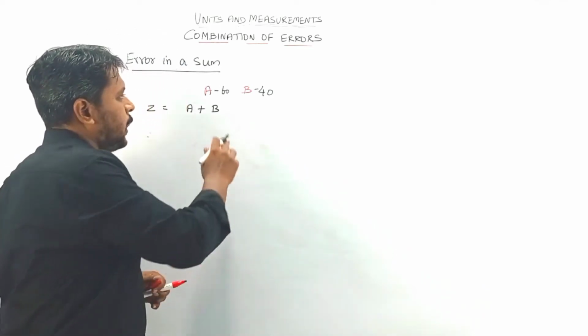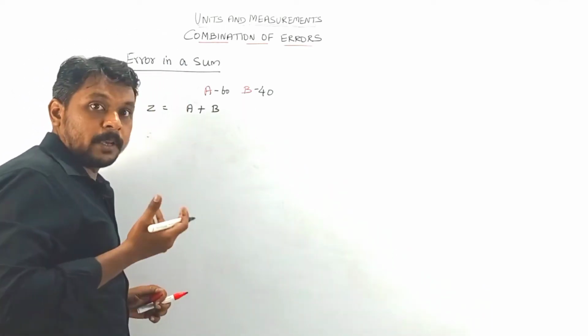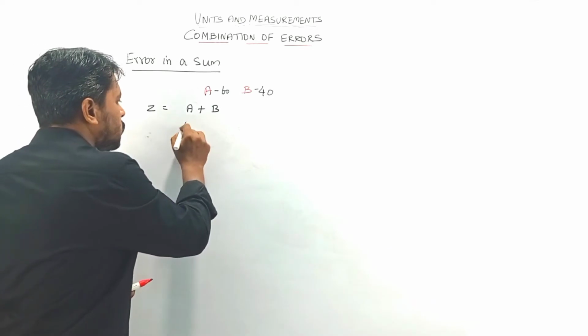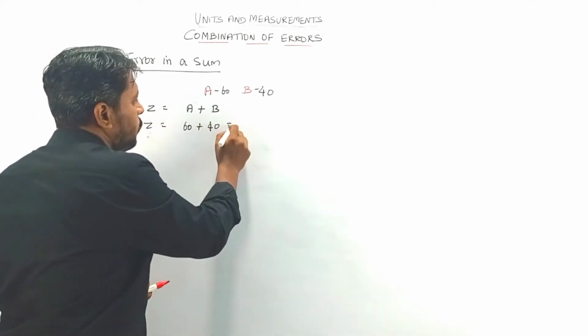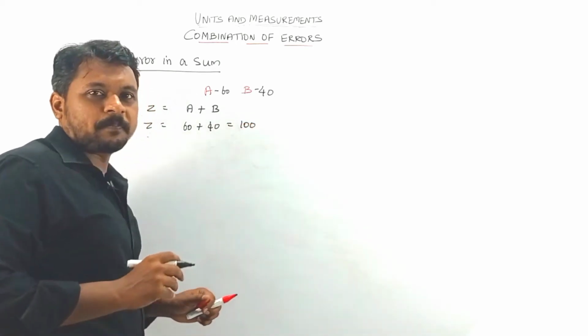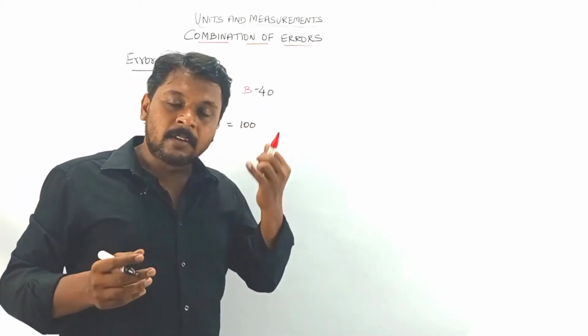Now what will be the summation of A and B? 60 plus 40, so the value of Z is 100.